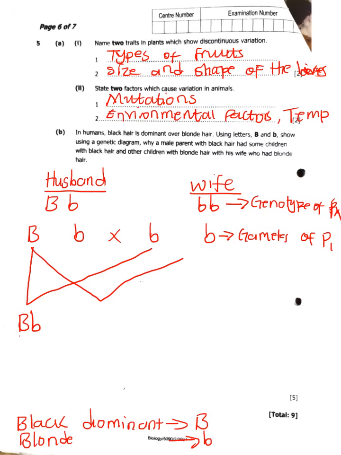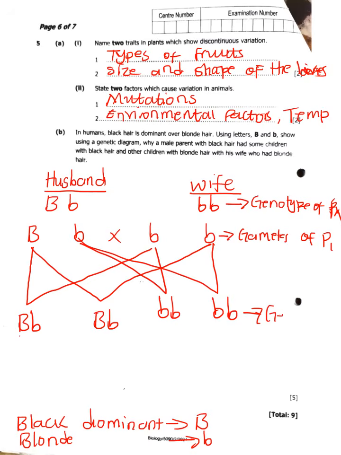Okay, let's look at this one. Then also here we have heterozygous for black. Then we can have homozygous, so this is the blonde hair, another blonde hair. So these are known as the genotypes of F1.